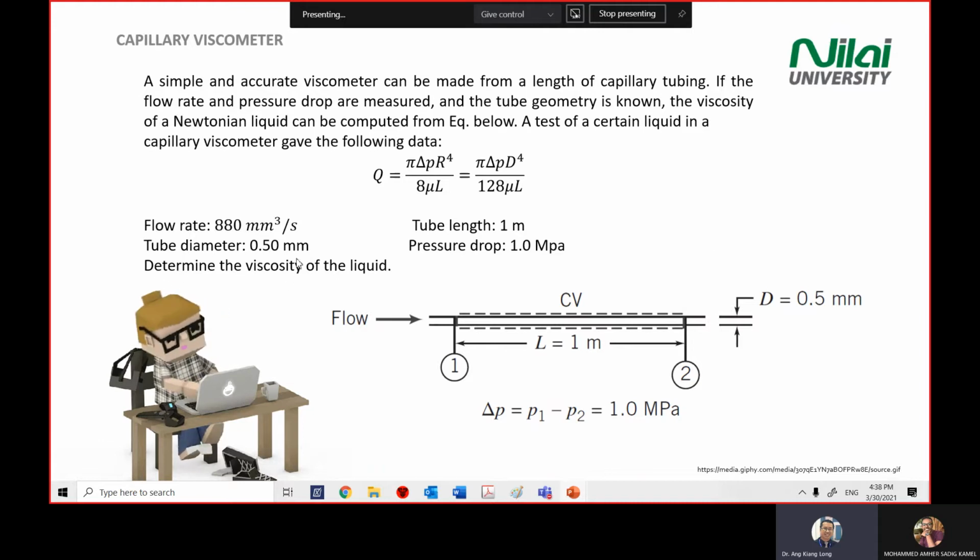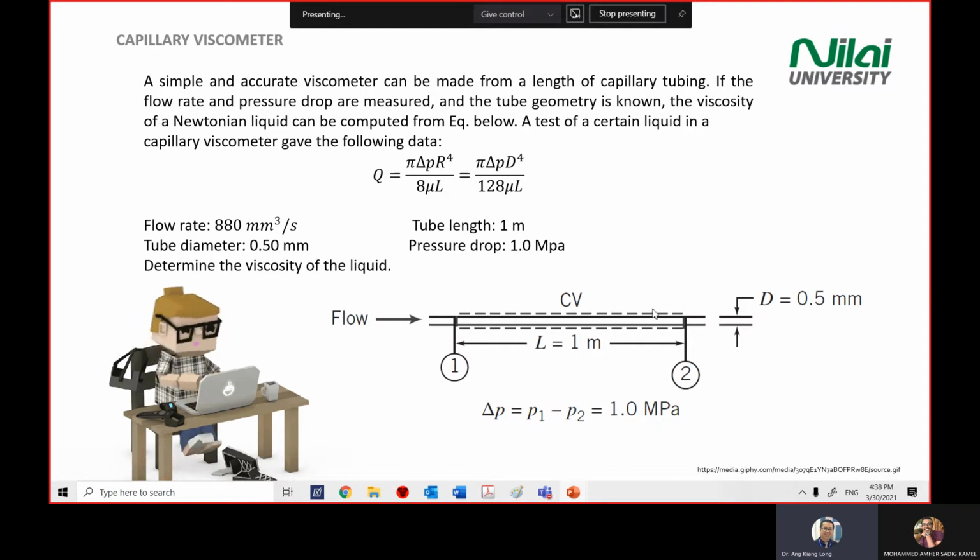We need to determine the viscosity of the liquid using this equation. If you look at this diagram, you have a capillary tubing with two ends, point 1 and point 2. The length between point 1 and point 2 is 1 meter. Flow is from left to right. The diameter is very small, 0.5 mm.